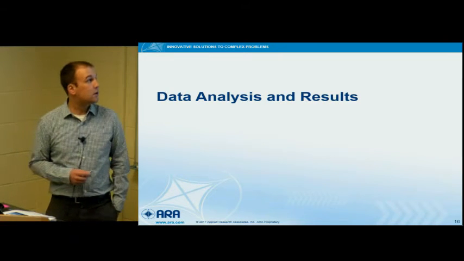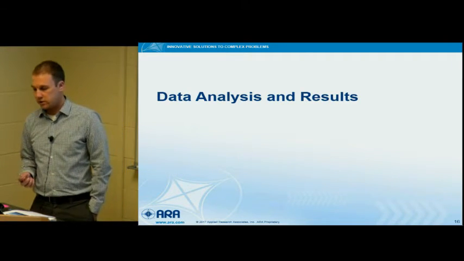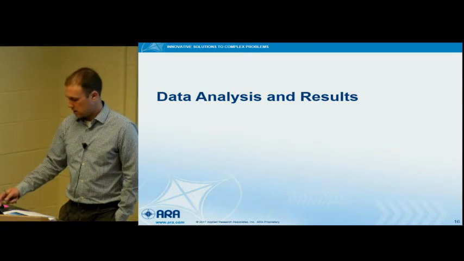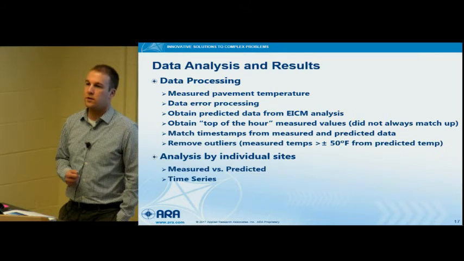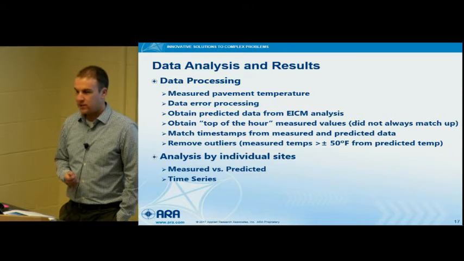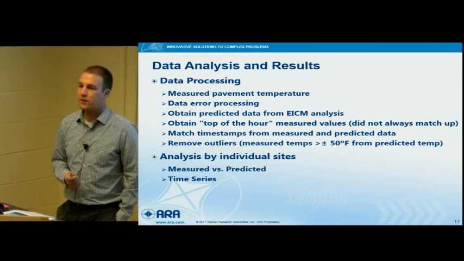All right, so now we'll go into a little bit more of the data analysis portion, where we looked at how we compared the results. And the first thing, there was a lot of data processing to be done. I'm sure you've all experienced it where you get measured data and it doesn't really fit correctly right away.